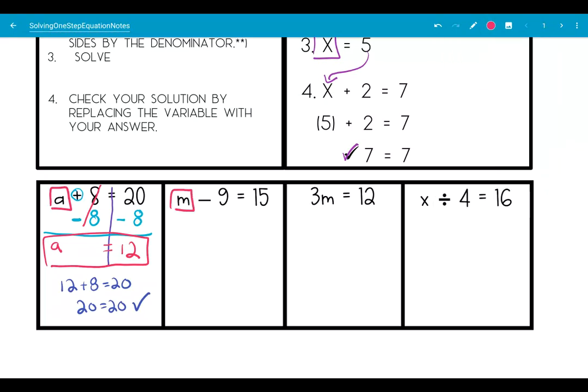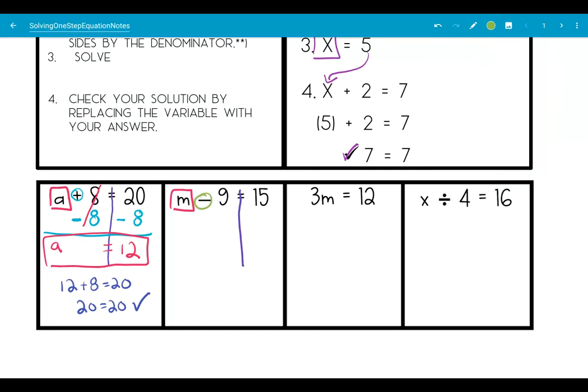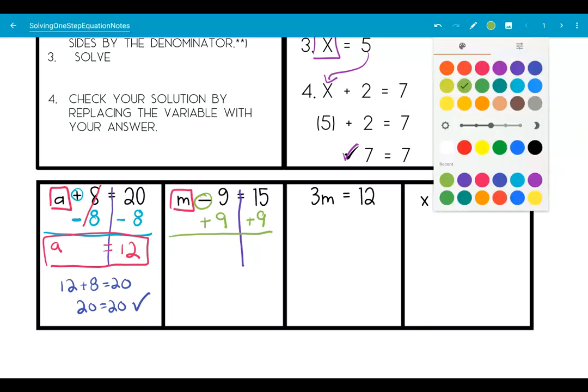My variable is m. I'm going to draw my vertical line down the equal sign. I see that m is being subtracted by 9. What is the inverse of subtraction? Addition. So I'm choosing to add 9 on both sides of that equal sign. There's nothing underneath m. It falls on down through the hole.